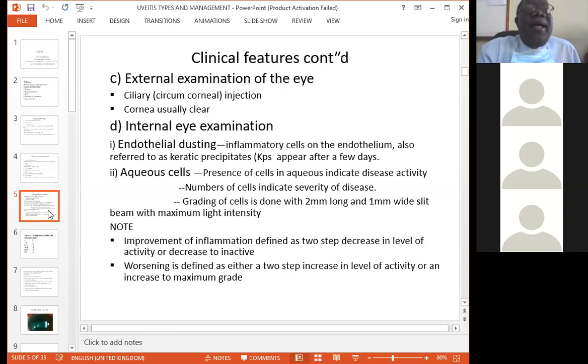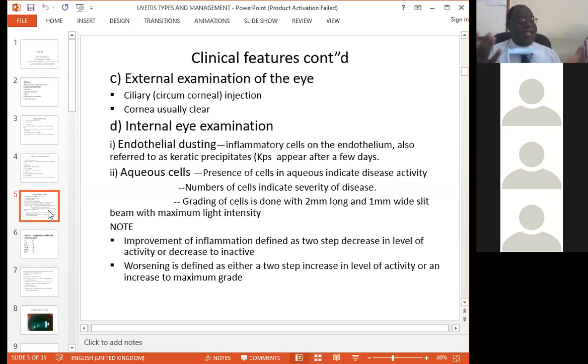It cannot be on the cornea because the cornea is clear, it has no blood vessels. The cornea is usually clear. On internal eye examination, you have endothelial dusting. This is inflammatory cells on the endothelium. Which is the endothelium? The inner part of the cornea. So you're going to find cells stuck on that part.